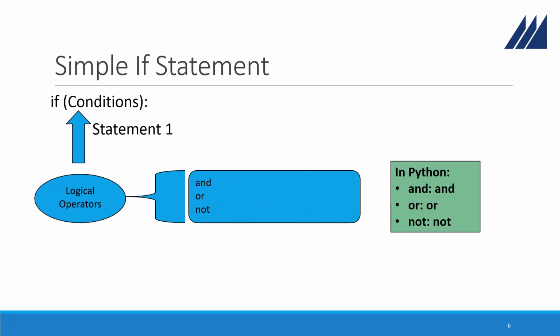So in Python, we use one of these three if we have more than one condition in the if statement. Depending on what type of operator I'm using, if the result of all these conditions with the operator that I have is true, I will take this branch. If it's false, I will skip the branch and continue the program.